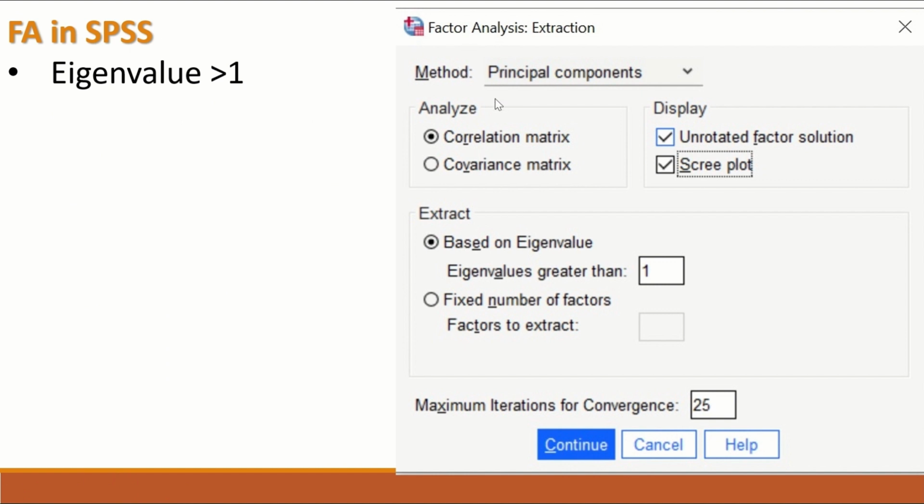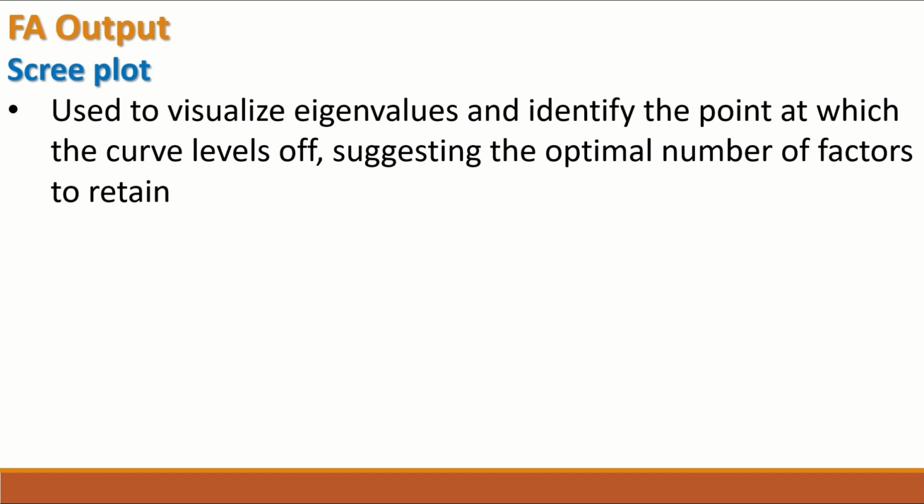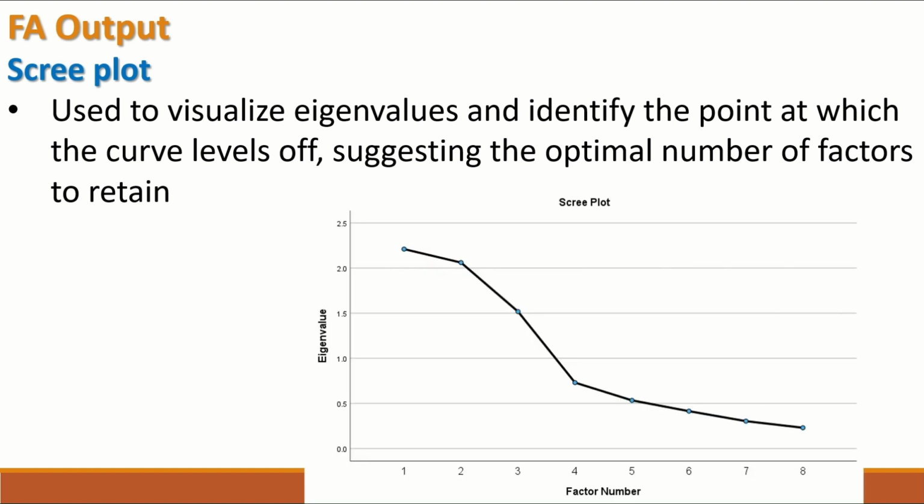This is a section extracted from factor analysis in SPSS. This is a factor analysis for principal component. The scree plot is ticked, and the extraction is based on eigenvalue set to be greater than 1. In addition to looking at the table of the total variance, a scree plot can be generated. A scree plot is used to visualize eigenvalues and identify the point at which the curve levels off, suggesting the optimal number of factors to retain.